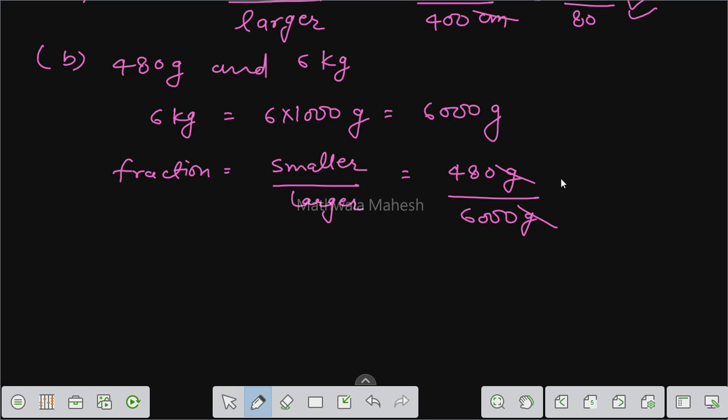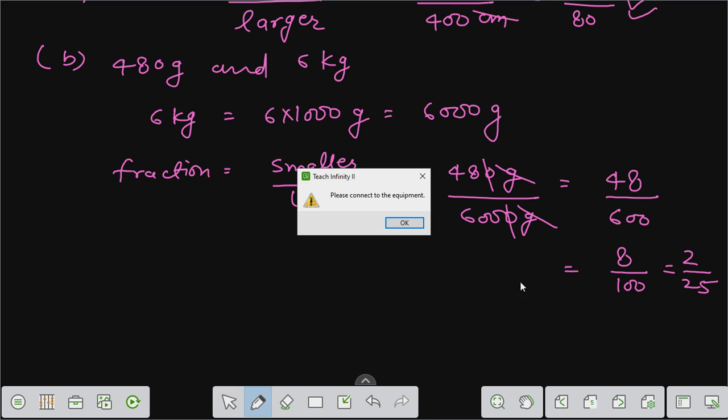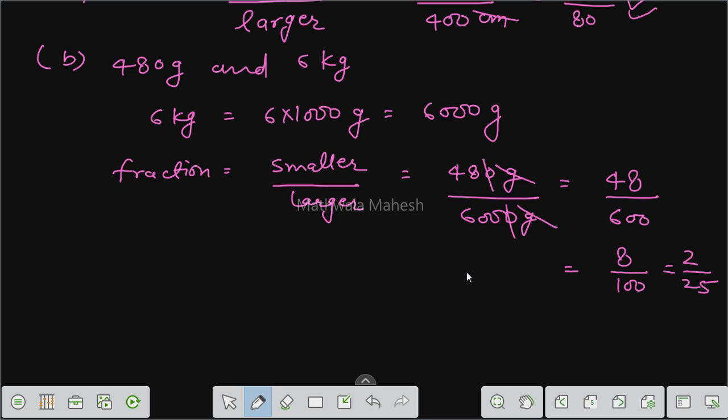So cancel gram to gram and 10 to 10, 48 upon 600. Okay, and if we divide by 6, then we will get 8 upon 100. Again divide by 4, we will get 2 upon 25. So this is the correct fraction. Okay, we have to reduce it in the smallest fraction part.